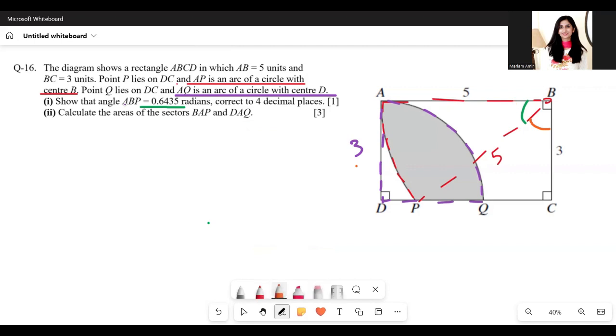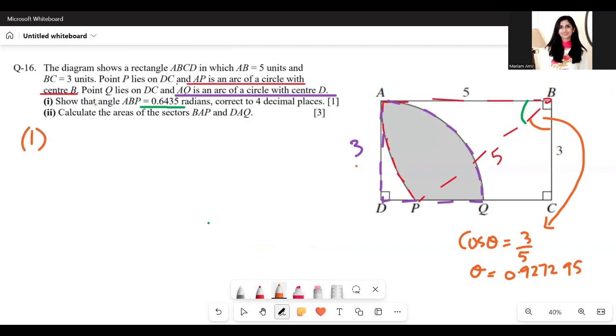This angle would be cos theta equals 3 upon 5, which gives us theta equals 0.927295. This is the working of part 1, by the way. And then you do pi by 2 minus answer.